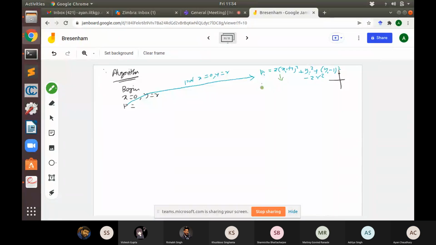We are trying to compute P1, or we simply call it P. So P is equal to 2 plus r square plus r square minus 2r plus 1 minus 2r square. That means there are 2r square and here is 2r square. They get cancelled. That means 2 plus 1, 3, 3 minus 2r. So P is equal to 3 minus 2r. This is my starting point, okay?